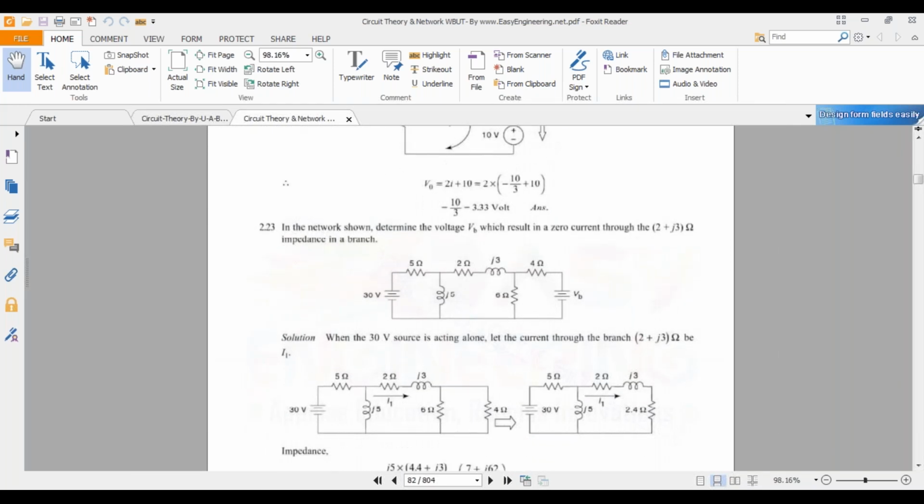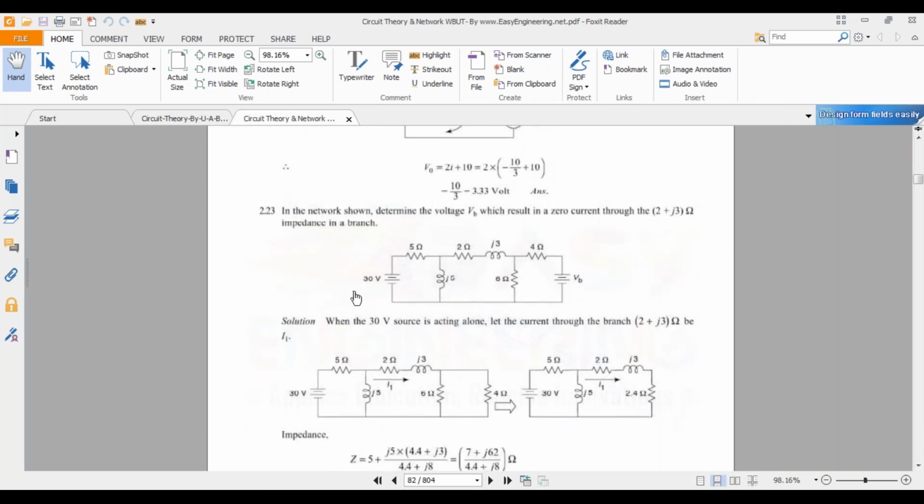Now there is a circuit here. In the network shown, determine the voltage VB which results in zero current through the 2 plus J3 impedance branch.